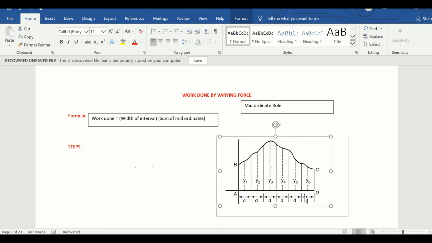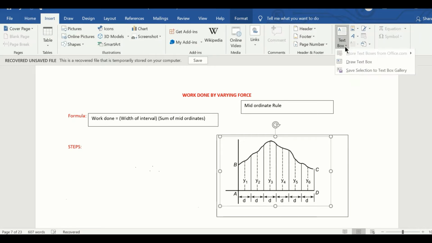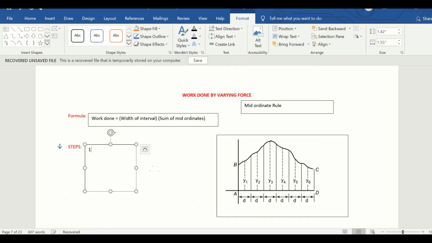The first step we take in solving a question in this form is, step 1, we draw the graph. That's our first step.